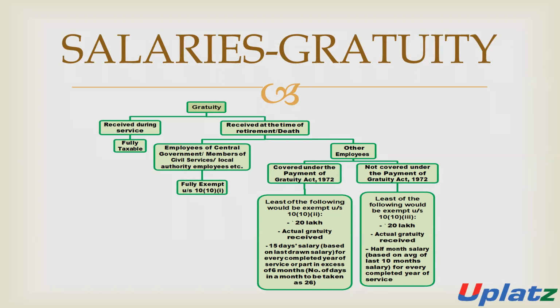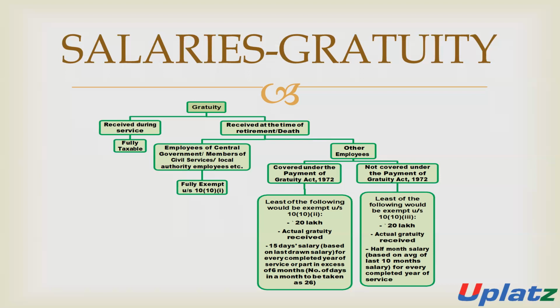Second point, when the employees are not covered under the Payment of Gratuity Act. In this case, the exemption amount will be the least of the following. Number one, 20 lakh rupees.